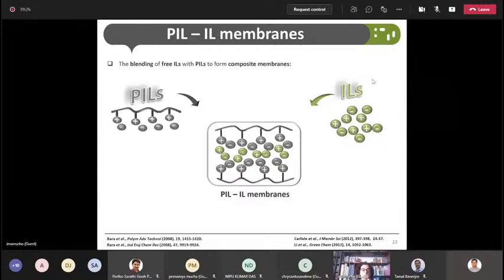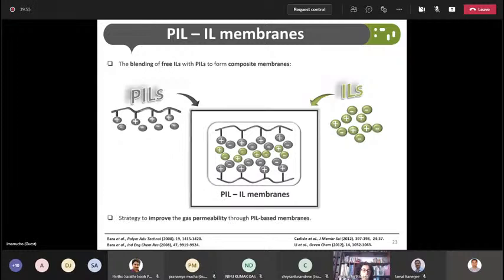Realize that the ionic liquid here does not leach from the membrane because the ionic liquid has intimate coulombic interactions with the polymer. It acts as a polymer stabilizer, and so we don't have those instability issues that we have in SILMs.